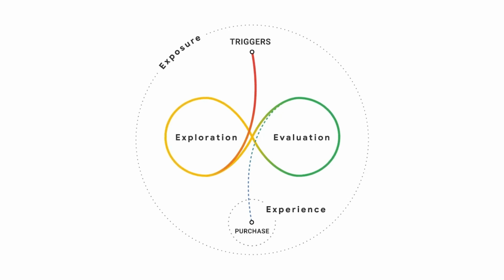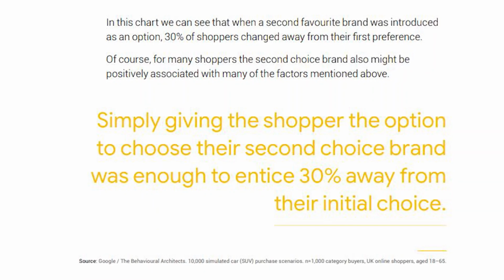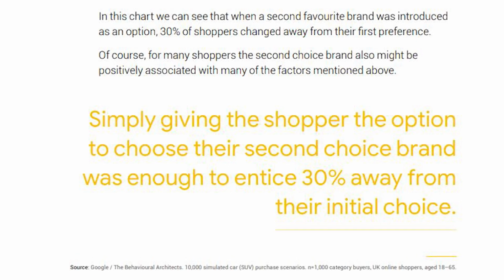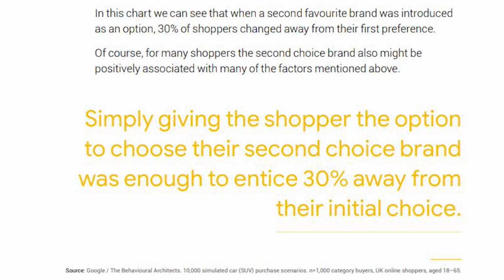Add only negative keywords that are completely irrelevant to your product or service, and don't add negative keywords just because you think that it wouldn't be a part of your search journey. For example, if you see that Google shows your ad for a competitor's search term, you might want to exclude it, but according to this study from Google, simply giving the shopper the option to choose their second choice brand was enough to entice 30% away from their initial choice.